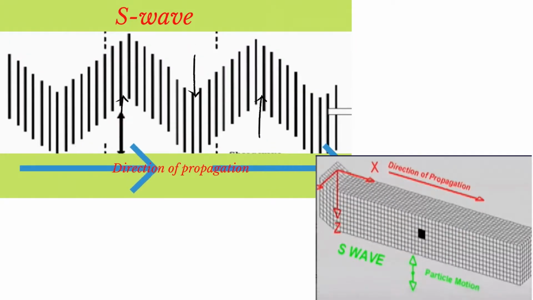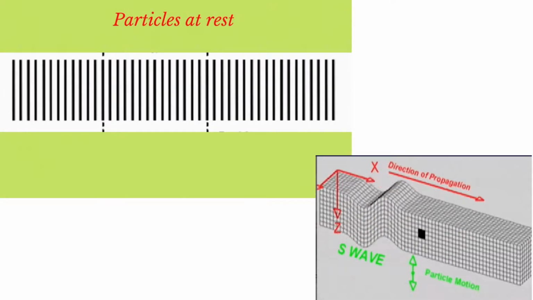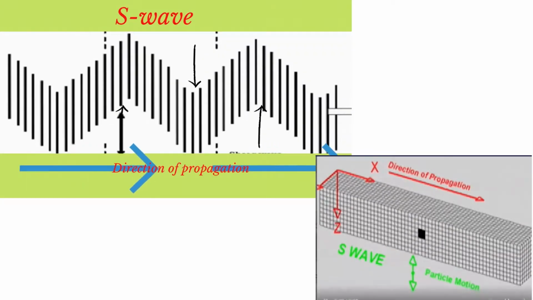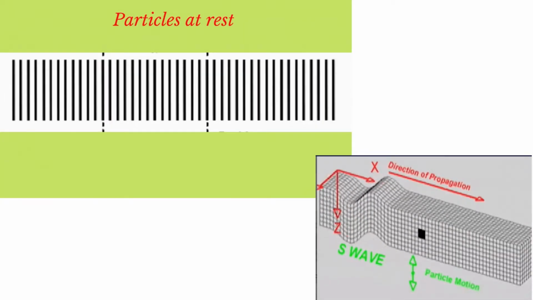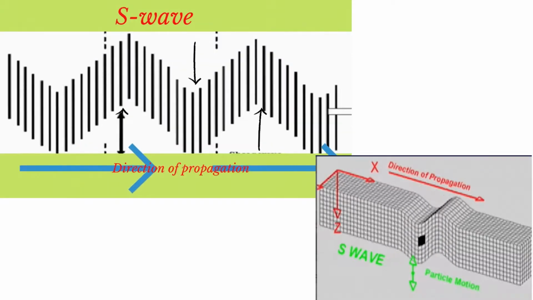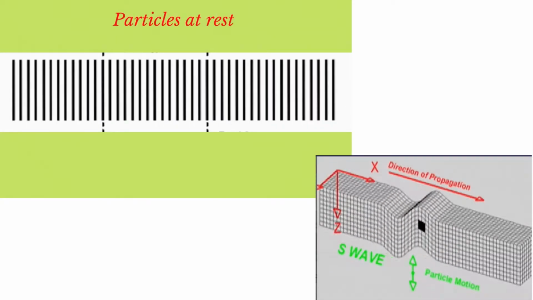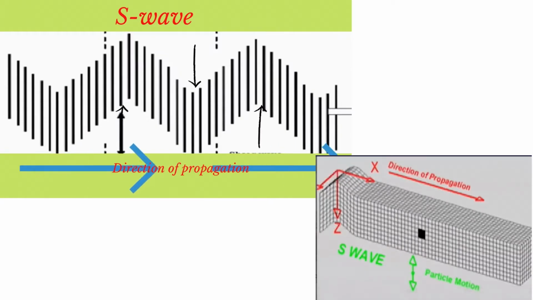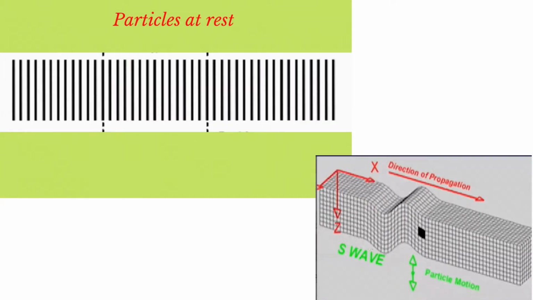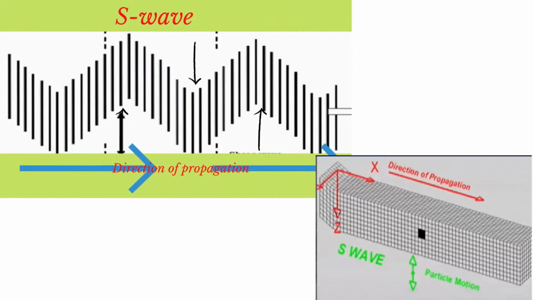The S in S waves stands for secondary, shear, or shake. Notice that as the S wave passes through the Earth, the particles shift in a right angle direction to the direction of propagation.